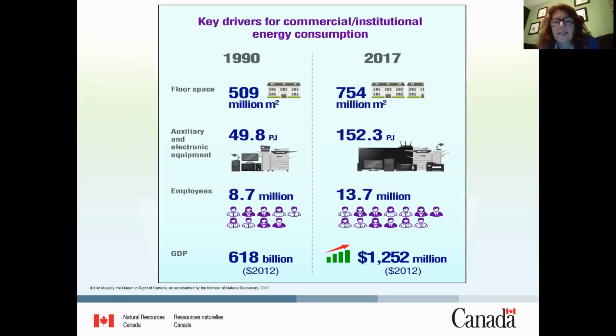So this slide shows the key drivers for the sector. And it gives a good picture of our sector, the size of our sector, and how much it grew from 1990 to 2017. So basically, we can say the main driver is floor space and the electronic equipment.